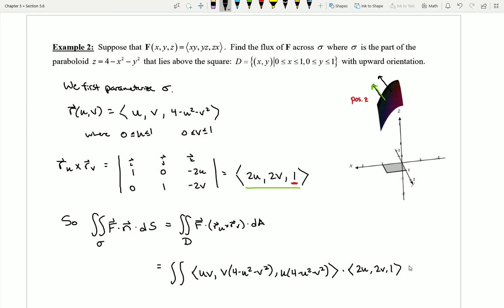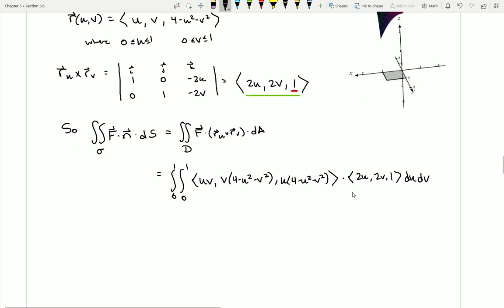So that's just f. Then I have to dot with this cross product. And then remember, I can select dA in terms of u's and v's. So how about I just do du dv, and this becomes an integral from 0 to 1, 0 to 1. Now, I'm going to have to do this dot product first so I can simplify this down fully and then do the integrals. So let's see what the dot product would actually look like. I'm going to get 2u times uv.